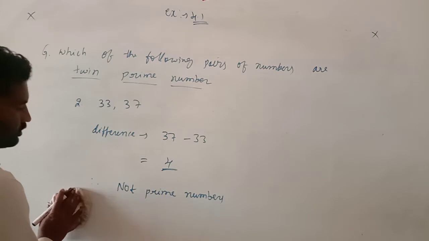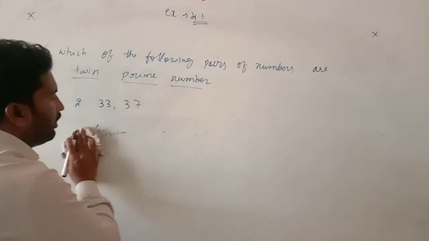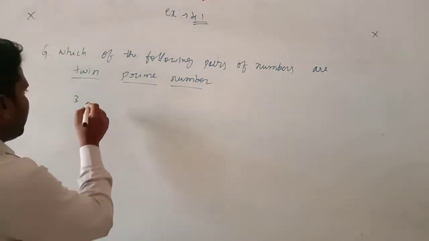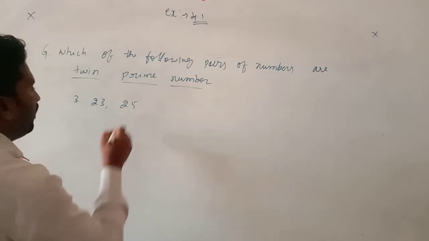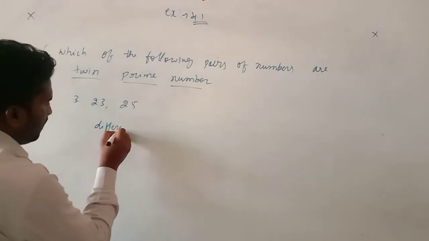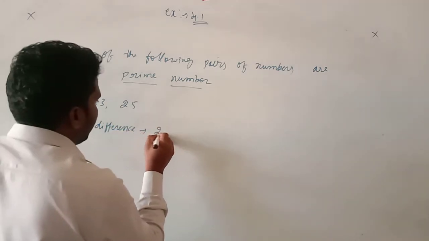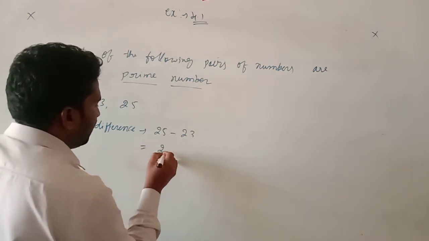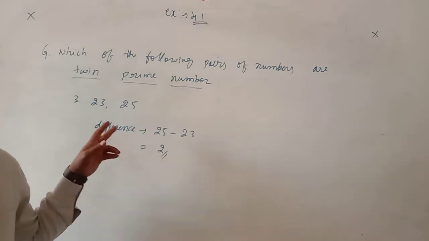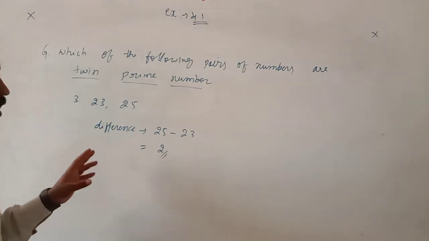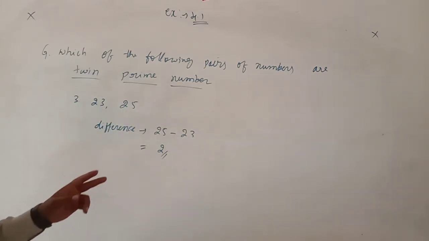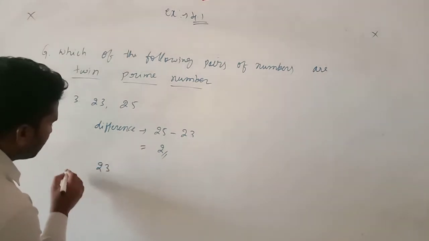Okay. So third one, that is 23 and 25. What is the difference? 25 minus 23 is 2. We cannot decide yet whether the numbers are co-prime, because we have to check. So are 23 and 25 co-primes or not?